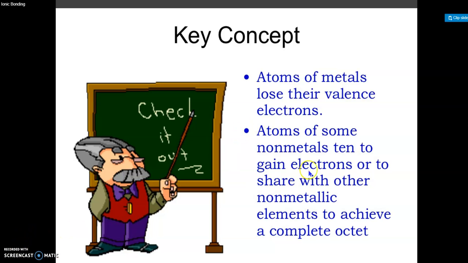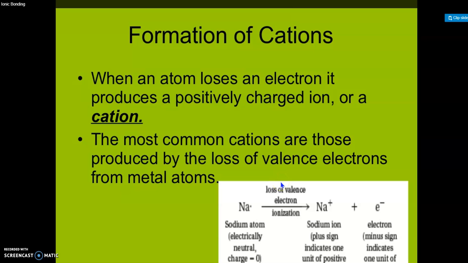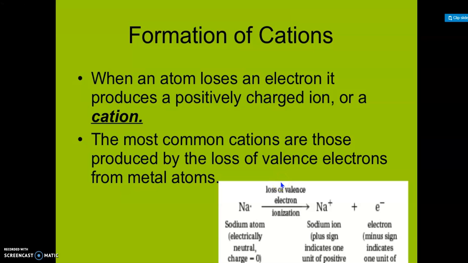These are the important concepts in ionic bonding. Metal always carries a positive charge by loss of electrons, and non-metal always shows a negative charge by gain of one or more electrons. So we discuss what the ionic bond is.